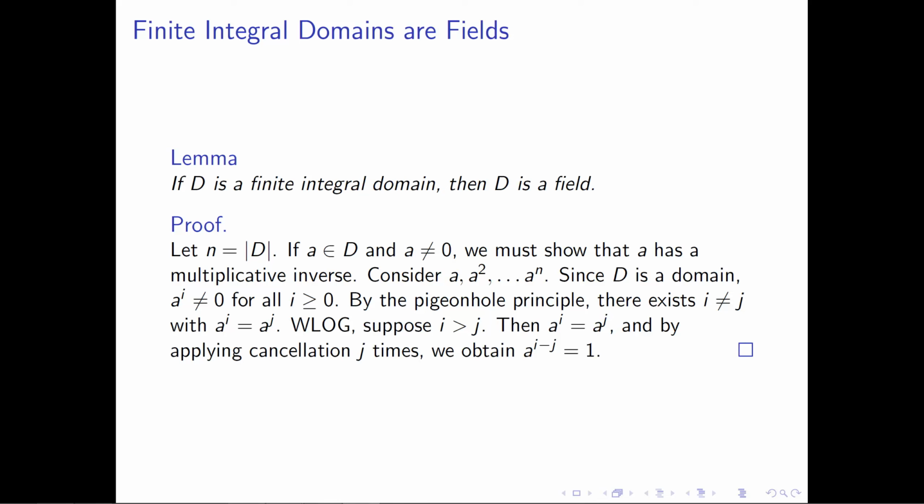Okay. So there are n minus 1 elements of D that are non-zero, and what we're saying is that a to the first, a squared, all the way out through a to the nth power, none of those elements is 0.